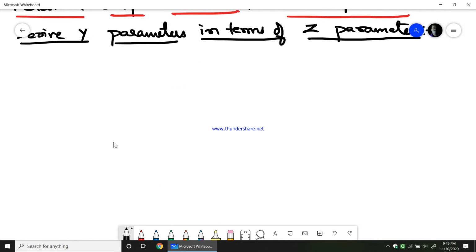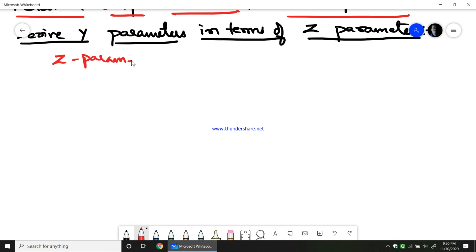So for that we'll take equations of both parameters. So always we take first the parameter equation of Z and then Y, and then we'll see how to get Y parameters in terms of Z parameters. So first we'll take Z parameter equation.